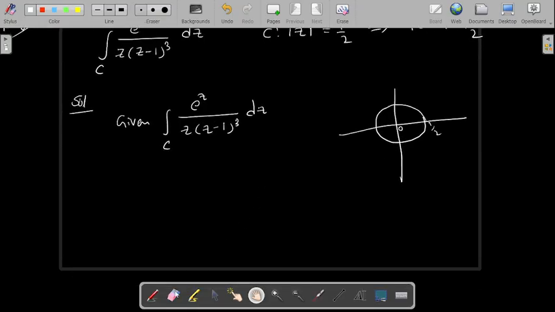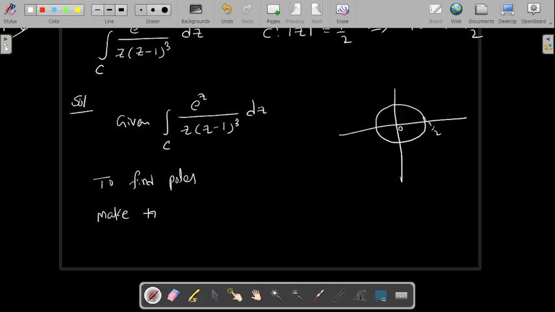So now, first applying the Cauchy residue theorem. To apply Cauchy residue theorem, first you need to find the poles. First step, poles. To find poles, make the denominator equal to 0.